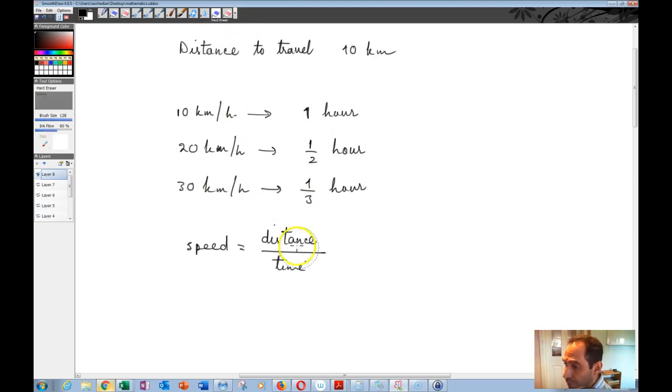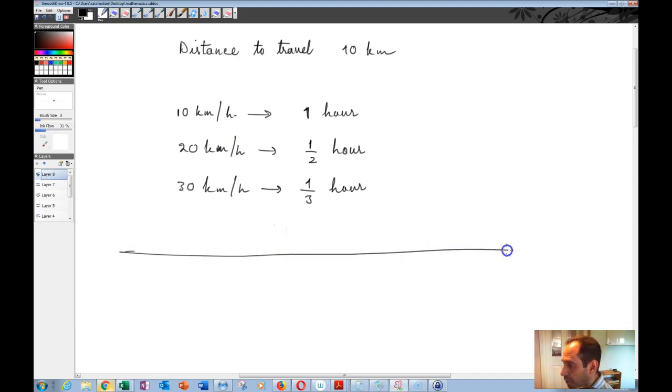Okay, so now if you do a table of this, you will have speed, for example in kilometers per hour, and time taken in hours. Over here we're talking about the same distance, 10 kilometers.